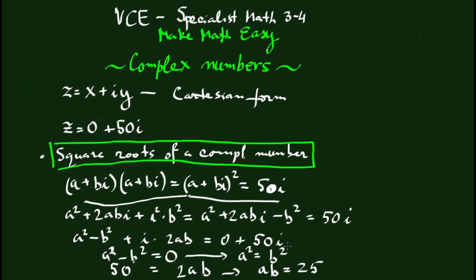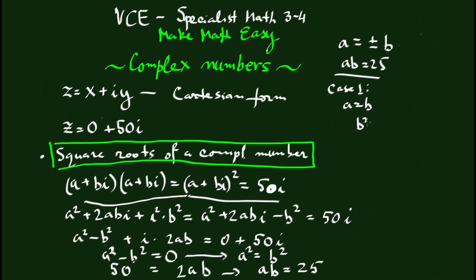From the first one we have that a is equal to plus minus the square root of b squared, which is b. So a equals plus minus b. And we have the second one, ab equals 25. So case 1, we have a equals b.